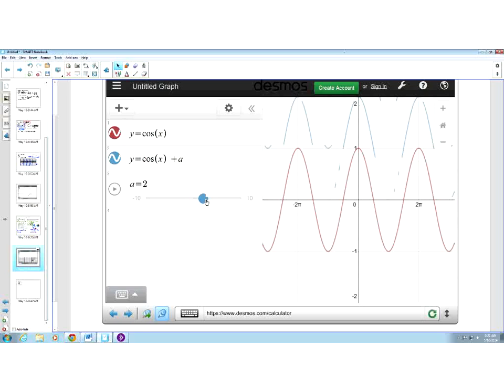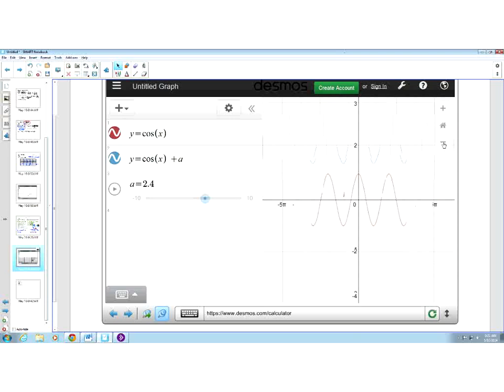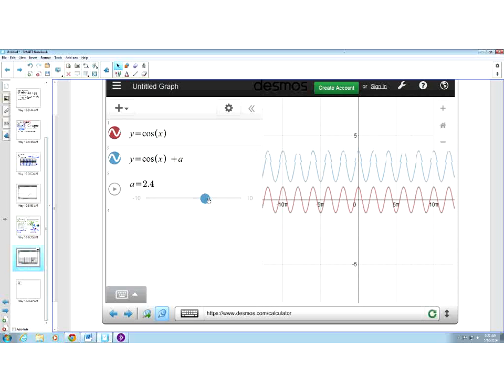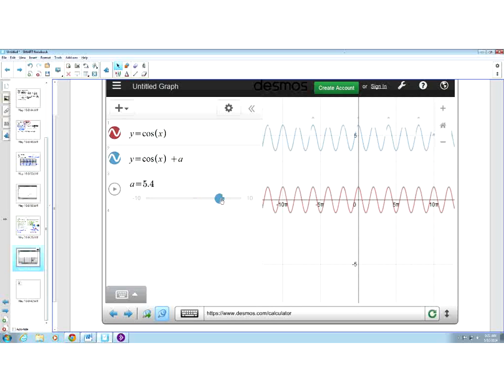Okay. Now if a is, say, I need to zoom out, right? Let's zoom out a bit. So as I increase a, you see the blue curve shifts in the upward direction. So for positive values of a, the curve will shift up. All right. So now if I go back down to 0, the blue curve will match up with the red curve.